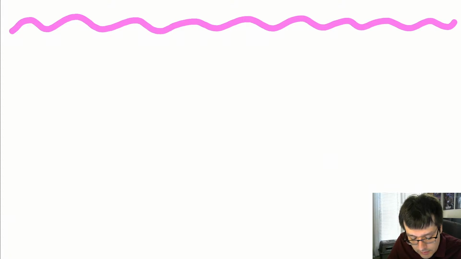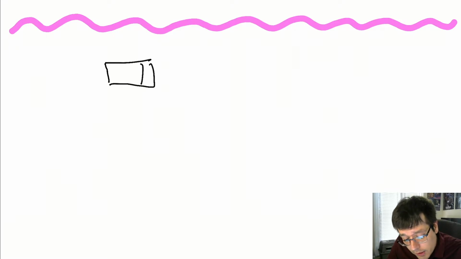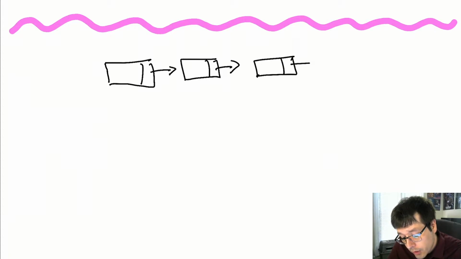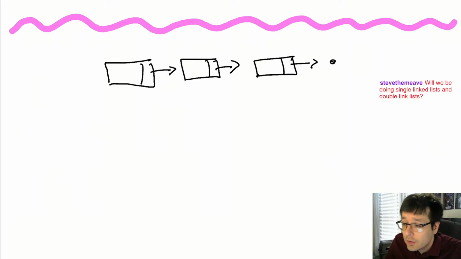So let's get going. The reason we start with linked lists is that this is hopefully a review from 202, where you coded a linked list. You probably coded a doubly linked list, and so now it's just you refreshing your mind.